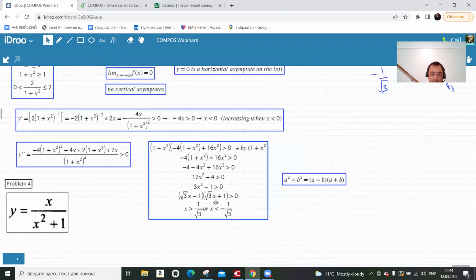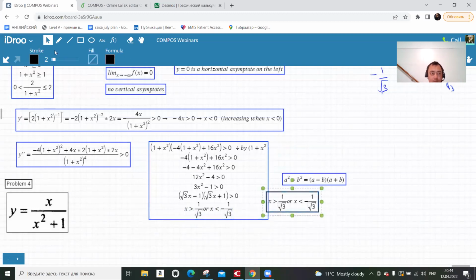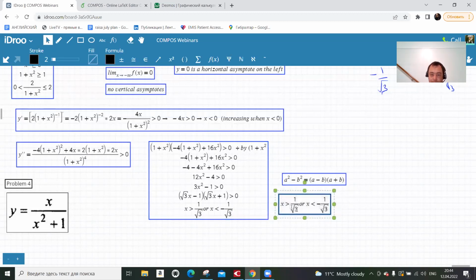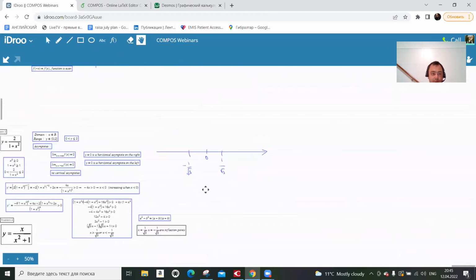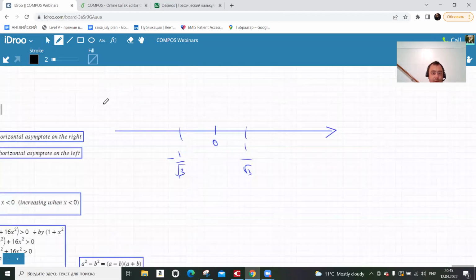So x equals that and x equals that are inflection points.